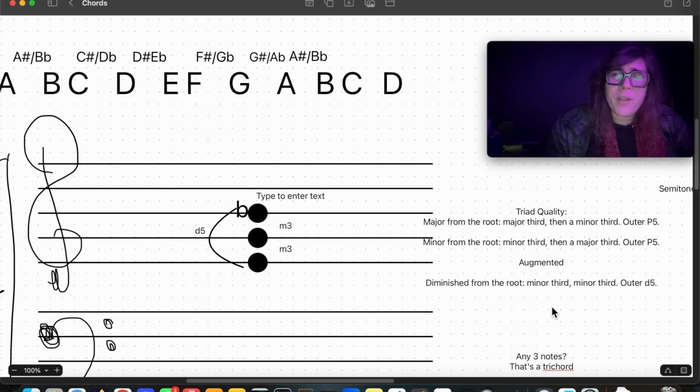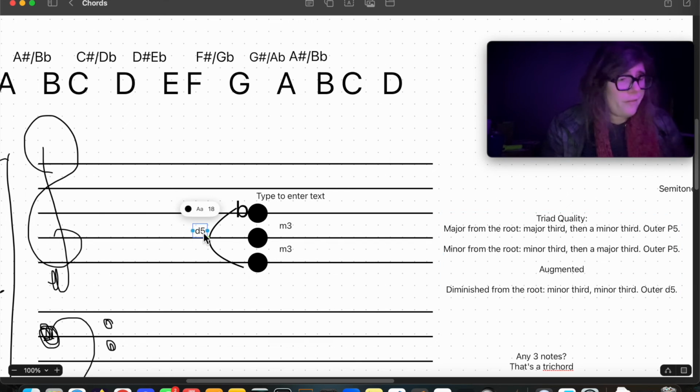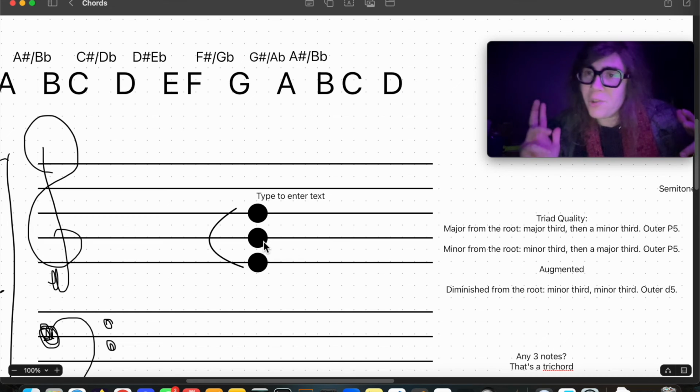Okay. Can you guess what the augmented triad will be? Remember how we had two minor thirds? What if we had two major thirds? Okay, let's do it. So right now, E to G is a minor third. Let's make it major. We're not going to change notes.